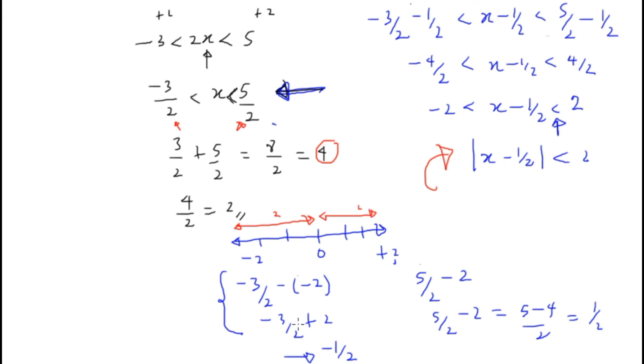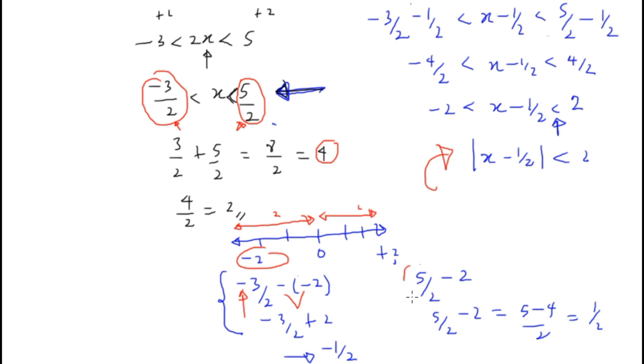The next thing to do after we have gotten these 2 is to subtract it from these end points, and at that point we will consider their signs. Don't forget this sign as well.